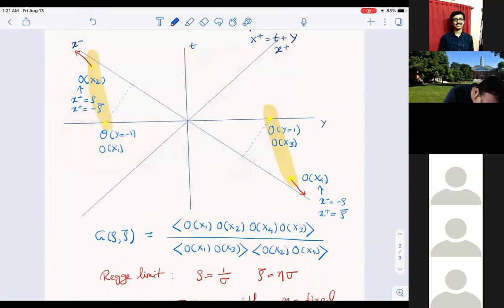This distance is eta times sigma, and this distance is 1 over sigma, and the limit is sigma goes to 0. Thanks.